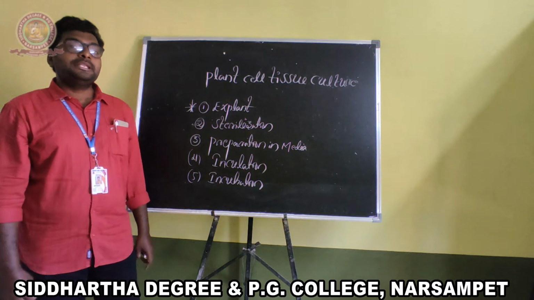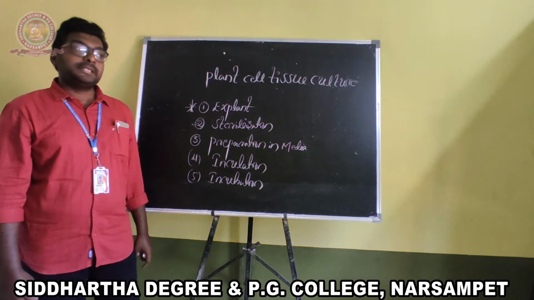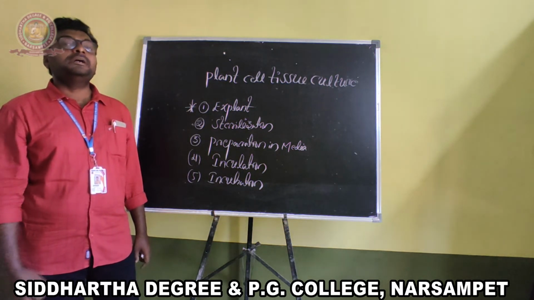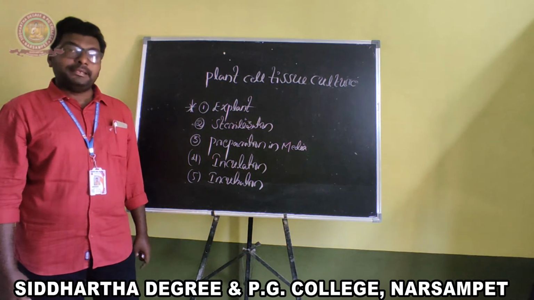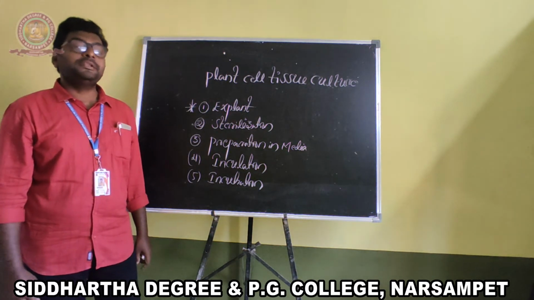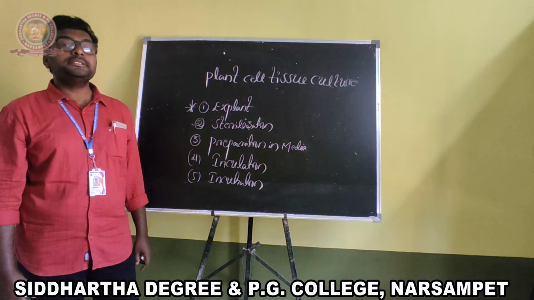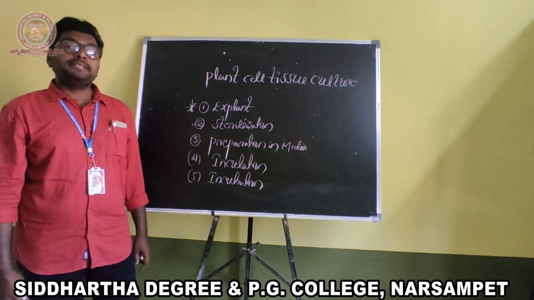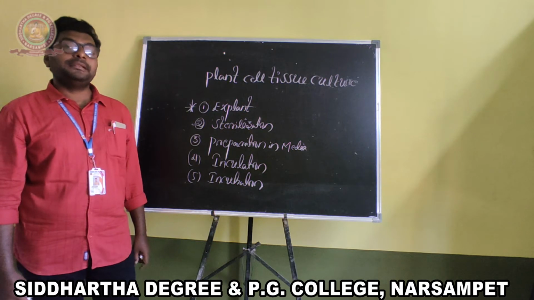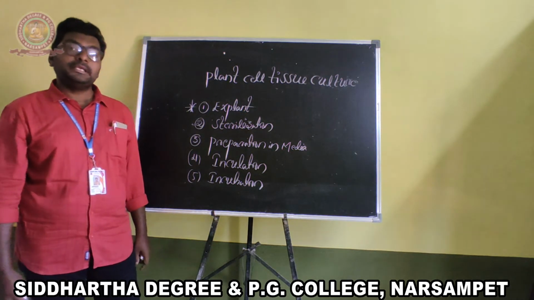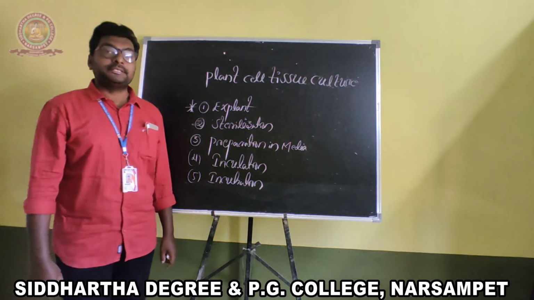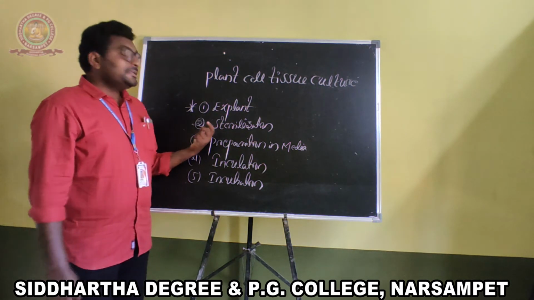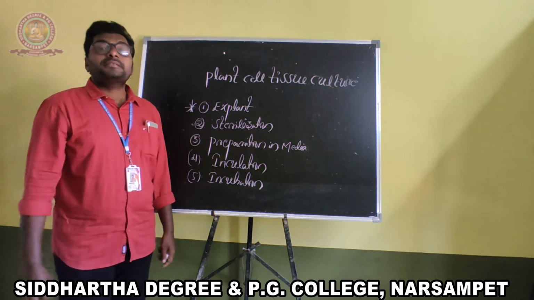For example, a leaf or a stem is taken and placed in a petri dish covered with a cap. The genetic material in the explant has the property called totipotency, or cellular totipotency.